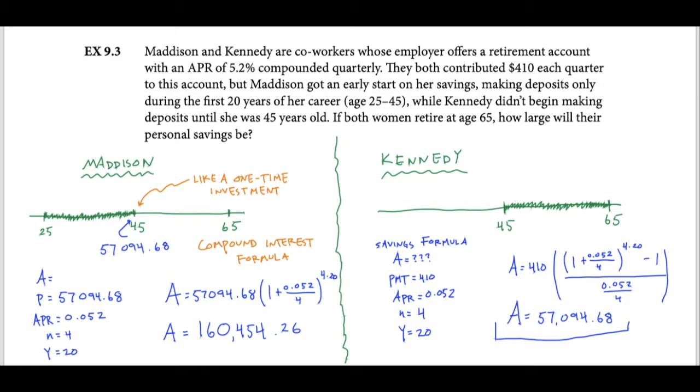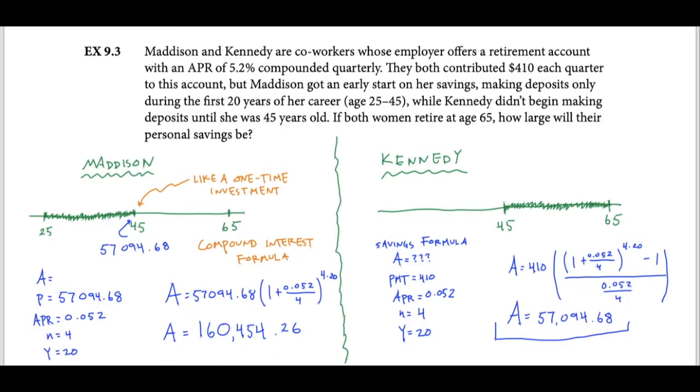So we can treat the balance that she has at age 45 as a one-time investment. Think about if she had just showed up to the bank on her 45th birthday and made a one-time deposit of $57,094.68.